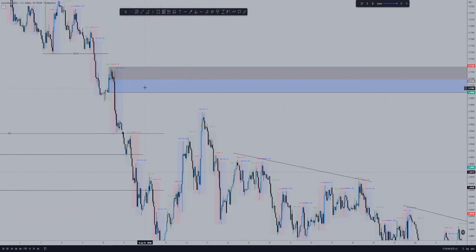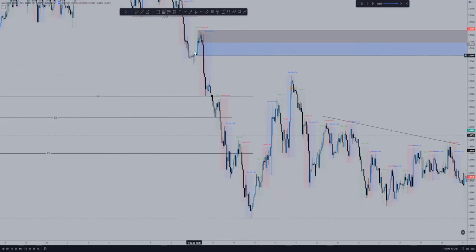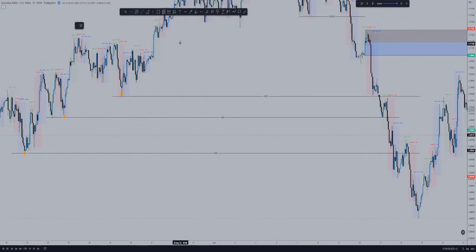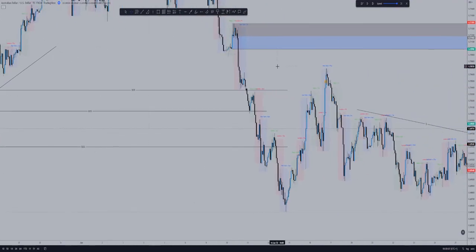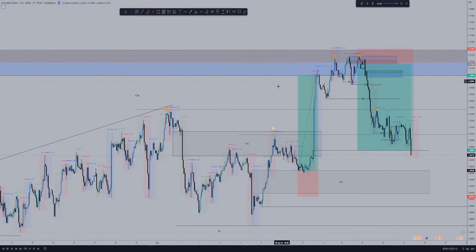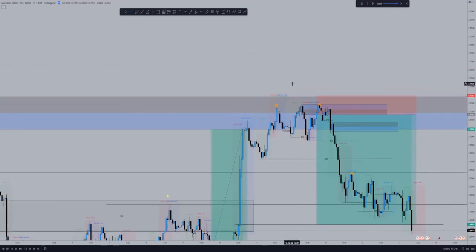So you've got a 4 hour supply order block here, which caused this bearish leg of price action, which broke these 3 points of structure and claimed all of this bullish liquidity that was built up here from the push up, which then led price back into this 4 hour supply order block, which is where we then dropped to the hourly time frame.